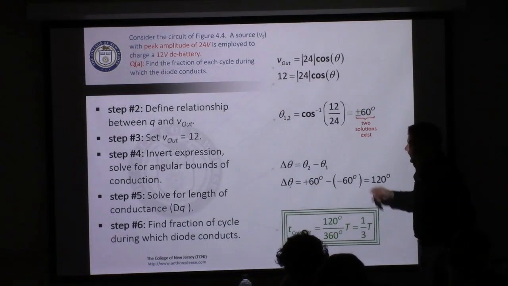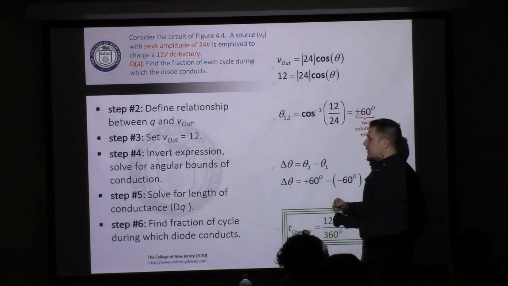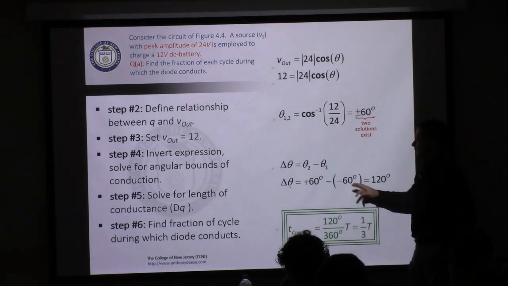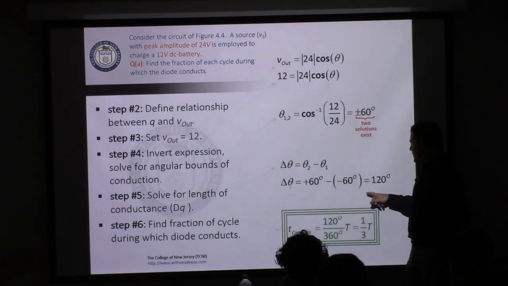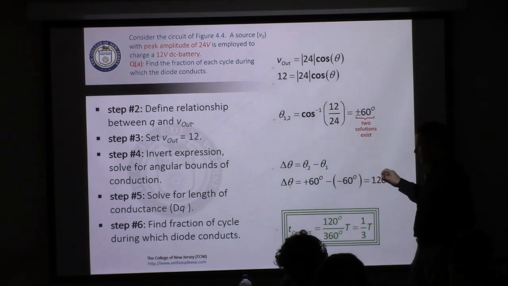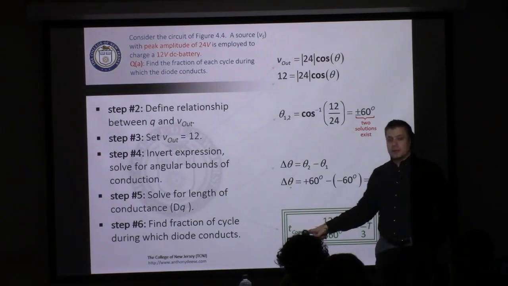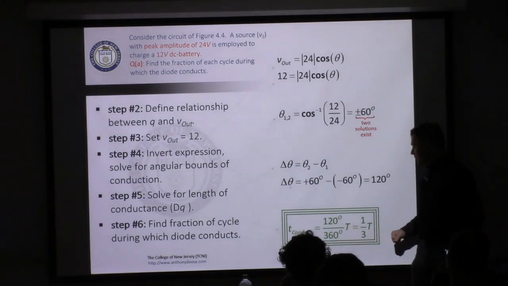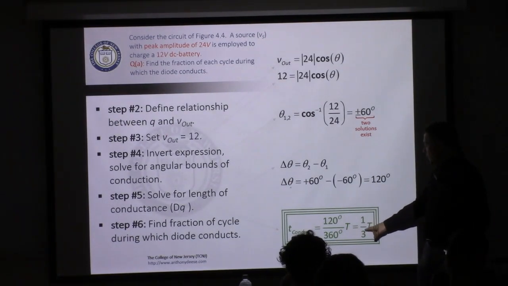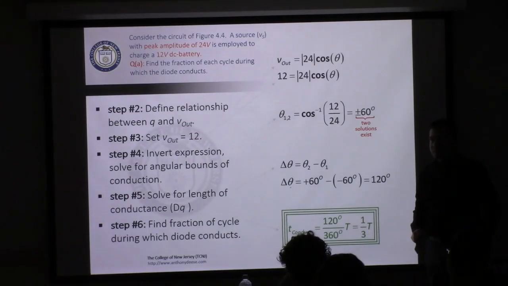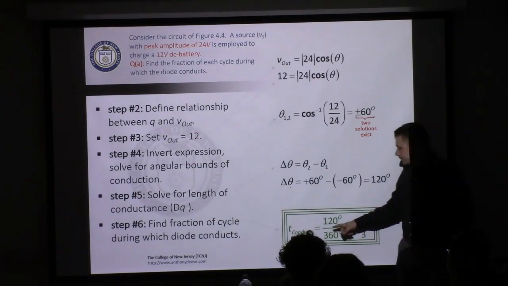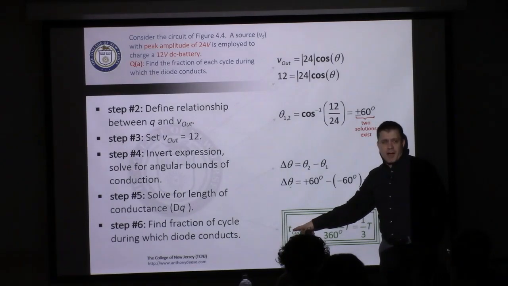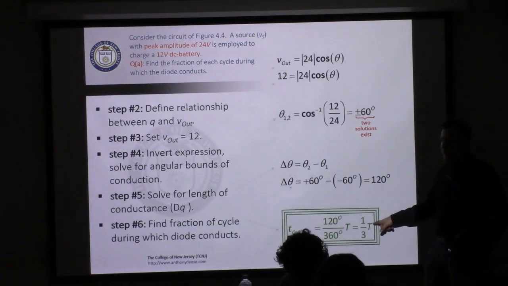Therefore, the length of the conduction interval will be 60 minus a negative 60, which is 120 degrees. The fraction is 120 degrees over the total, 360 degrees, so 1/3 of the period. Or in terms of time conducting, it would be 1/3 times the period.